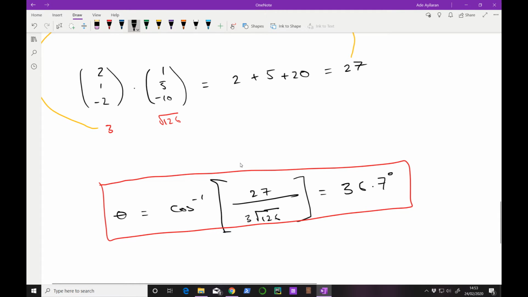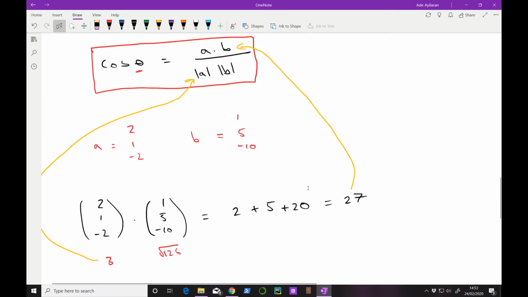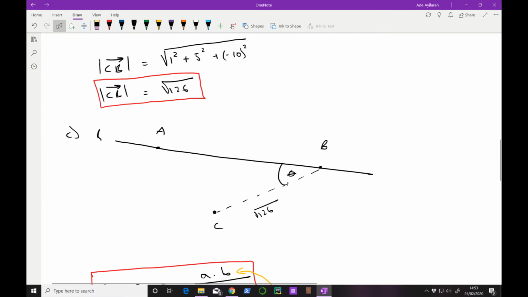So, part D is where it gets really juicy, right? If we go back to the drawing that I did, so far what I've done is that I found out this angle here, and this angle here is now going to be 36.7 degrees, okay?